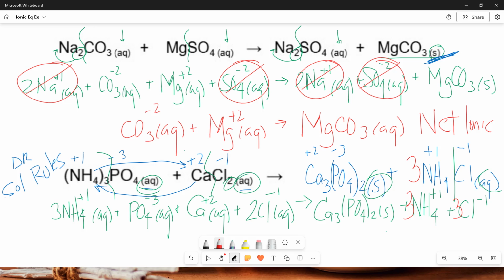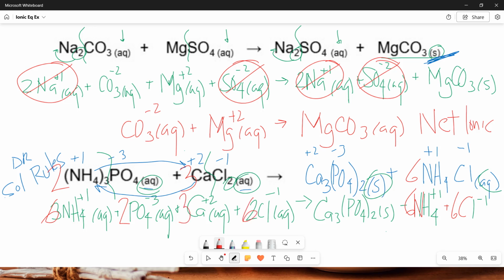So I am going to put a 3 in front of this one and a 2 in front of this one, and that will make this one have a 6. So we're going to have 6 ammoniums plus 6 chlorides, 6 here, and then that's going to change this to a 6, and this to a 2, and this to a 3, and this to a 6.